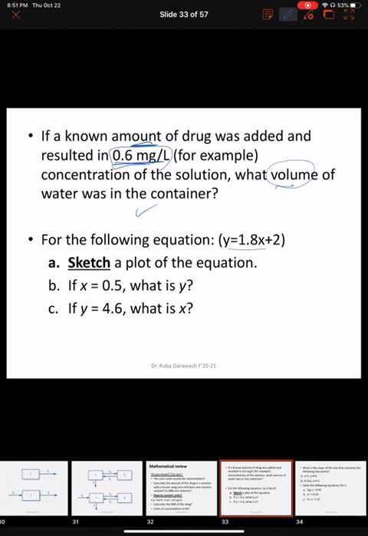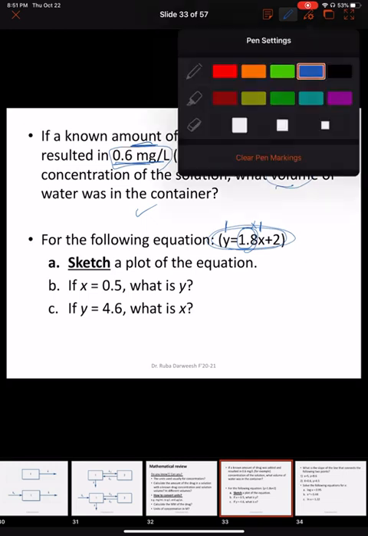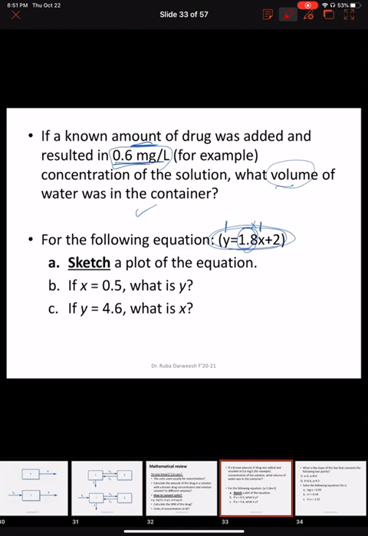For the following equation, we have y, we have x, and we have a number multiplied by x plus another term. What do we call this kind of equation? We call it a linear equation. Can you sketch it? When I say sketch, it's just an approximate drawing, not accurate or to scale.